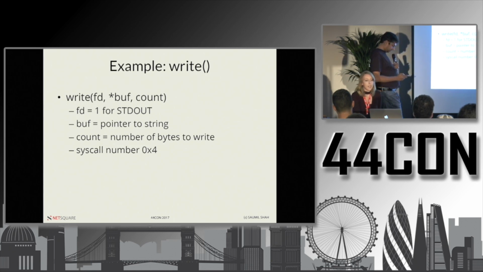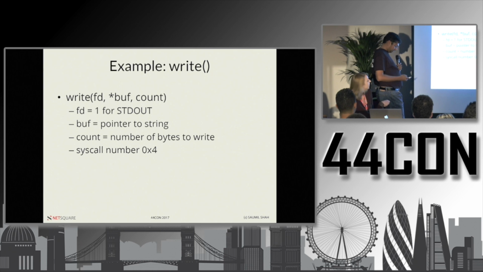Let's say we take write. How many registers will we need for the variables in this example? Yeah, 3. So we will use R0, R1, R2. It looks like this.